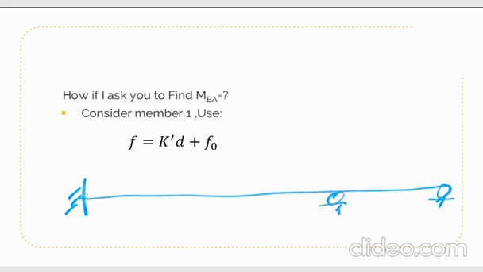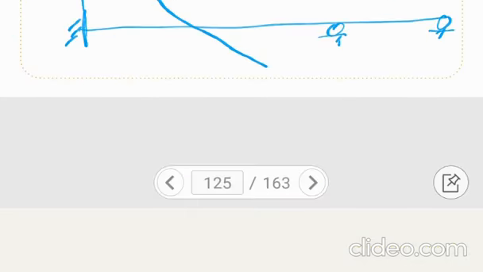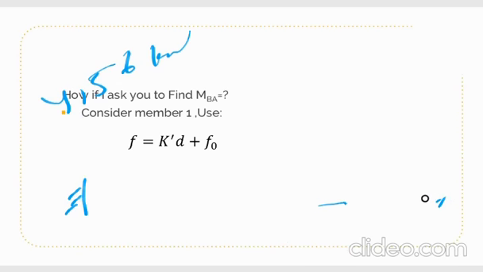So Ay is 4.56 kilonewton. Then exactly in the middle, sorry, I'm very sorry, I don't have any space.